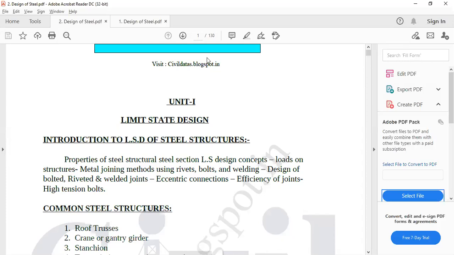Let us move on to step 7, design of intermediate stiffener. We had one formula. I will share the code book so that it will be easy to use.